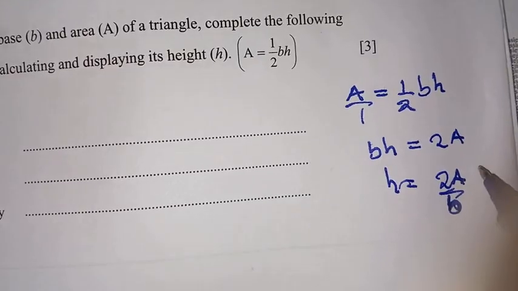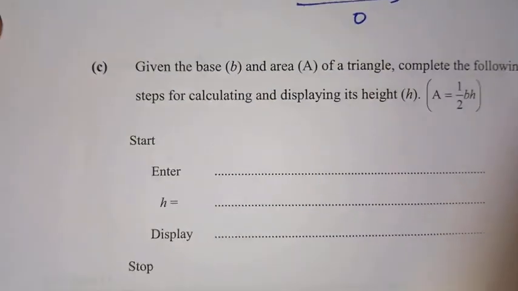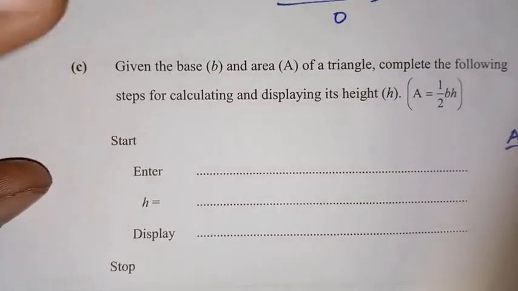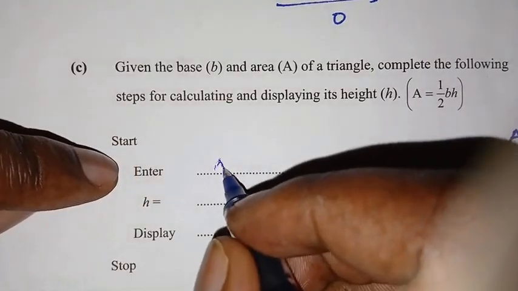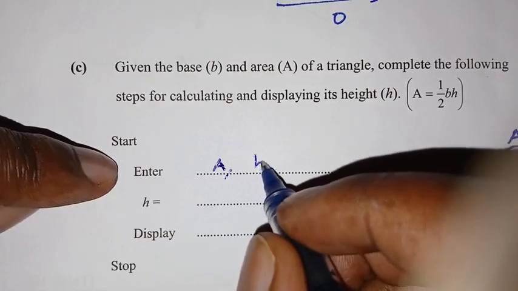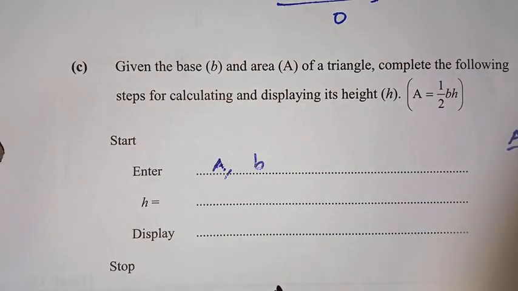Okay? So we are calculating H using this. So when we come to this one now, we already have start, enter. What are we going to be entering? Here we'll be entering A as well as B. Okay? That's what we're going to be doing.